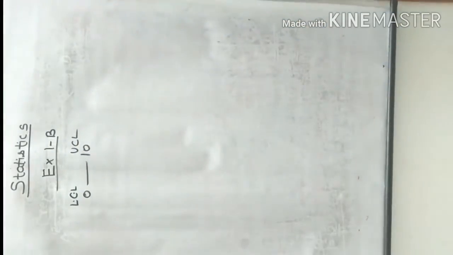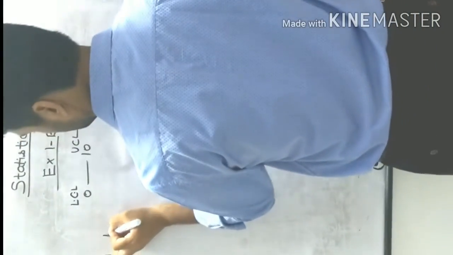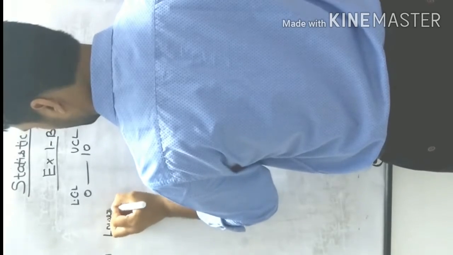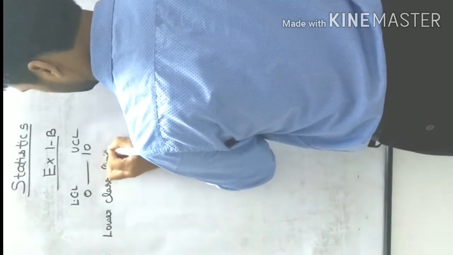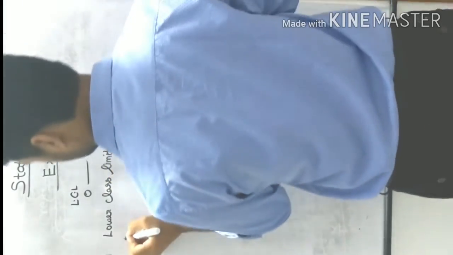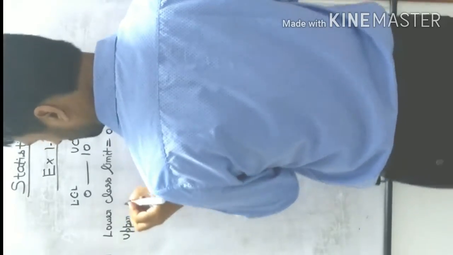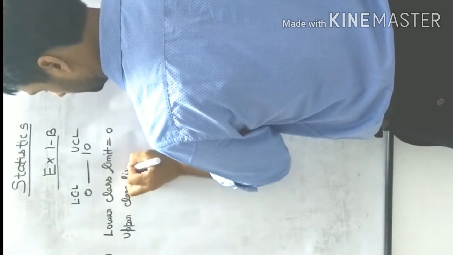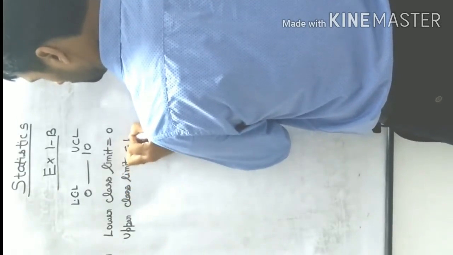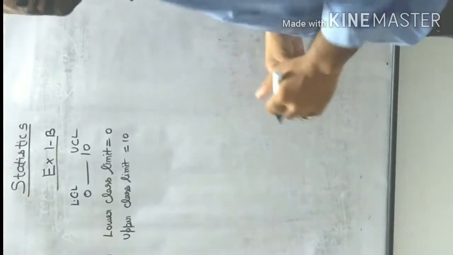What is the question saying? Find the lower class limit. Right here, lower class limit is equal to 0. For the first part, upper class limit is equal to 10. Then what more they are saying? Class size. What is the meaning of class size?